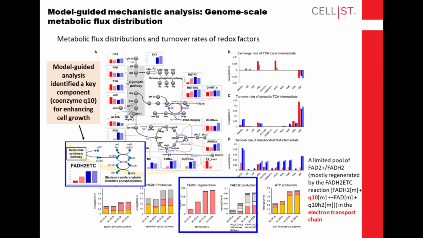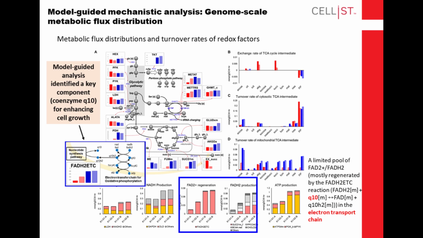After narrowing down the important pathways and factors that may contribute more greatly to the model, the mechanistic analysis is done. The genome scale metabolic flux distribution shows various pathways, but in this example we saw that there is a limited pool of FAD, FADH, as you can see in the bottom blue square.